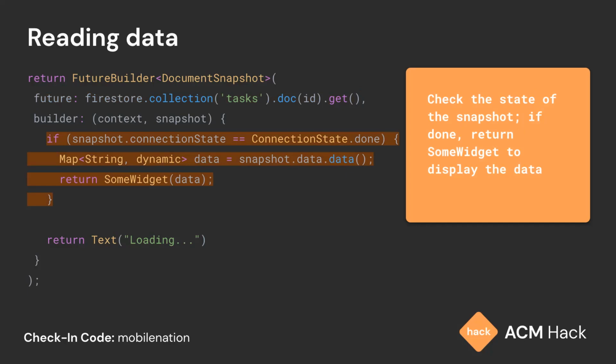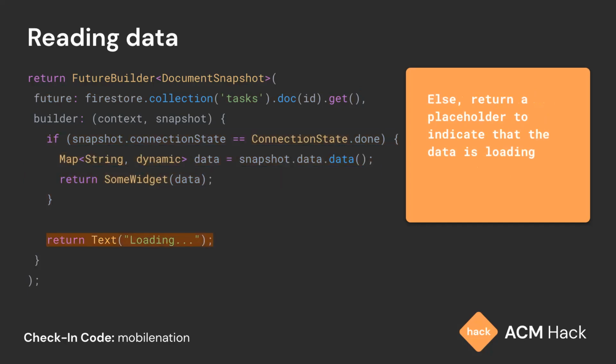We just get a snapshot of the data, and when it's done, we can return a widget to display the data. Else, we can display some kind of placeholder, like a loading indicator or loading screen. That's where it's done.